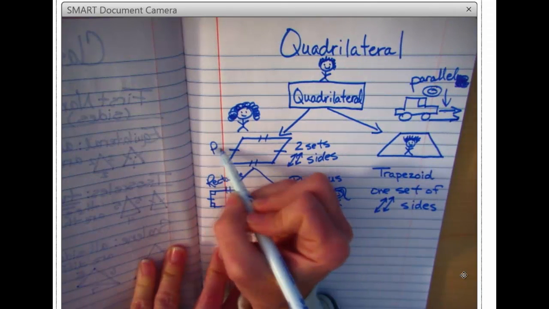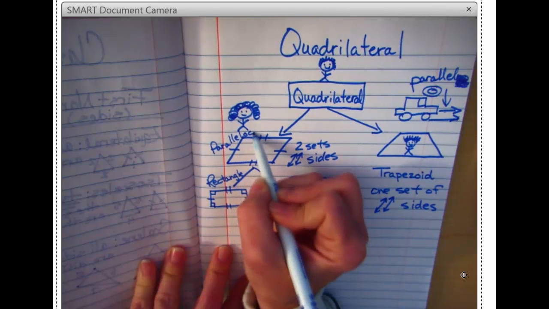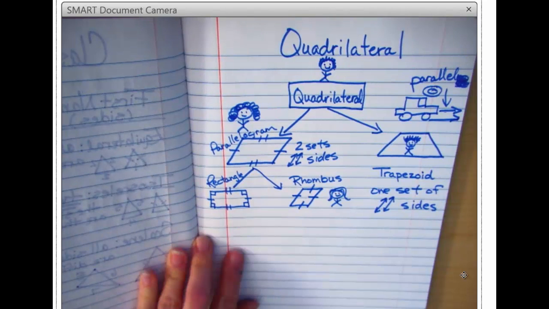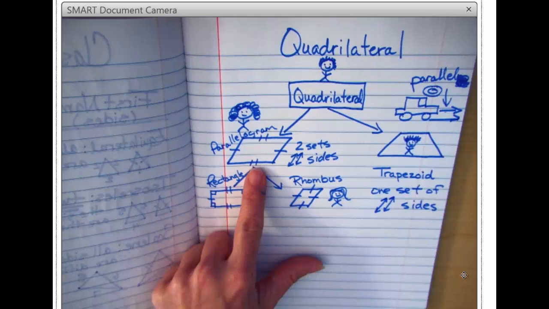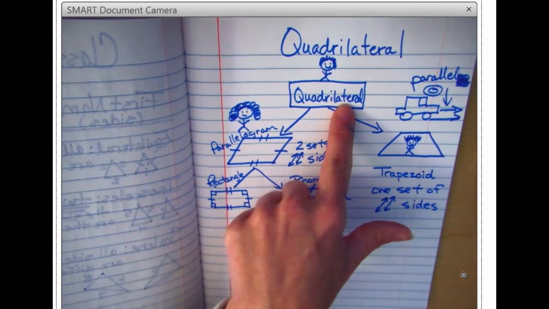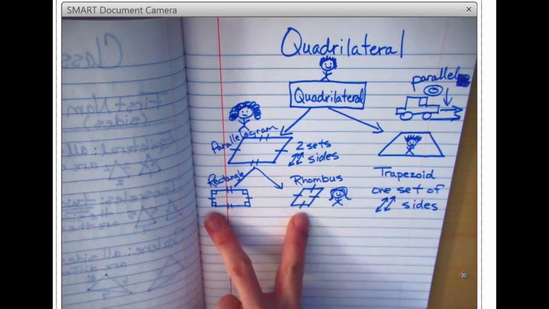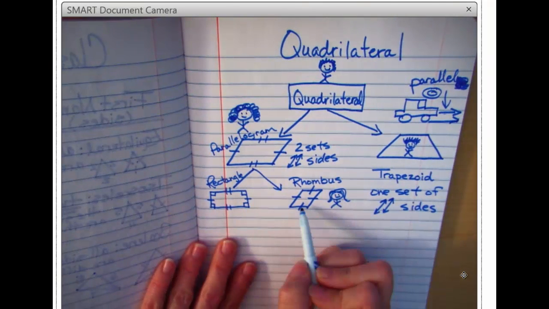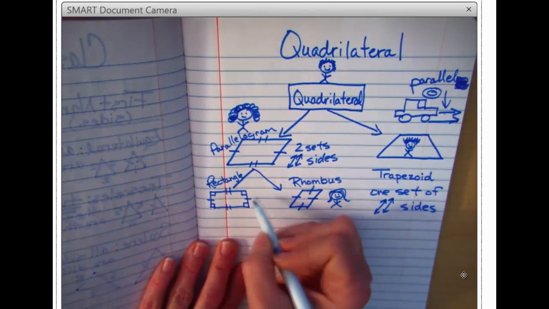Here, I'm going to write parallelogram. P-A-R-A-L-L-E-L-O-G-R-A-M. There you go. So, are you following me? So far we got parallelogram. She's not so high maintenance. She is also quadrilateral, but she's parallelogram. Okay? Rectangle and rhombus are friends, but a rectangle can never be a rhombus because the sides aren't congruent.